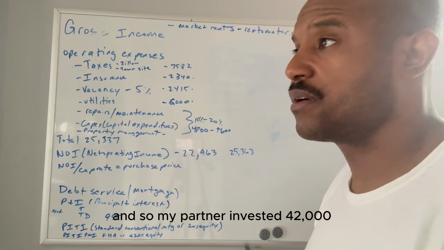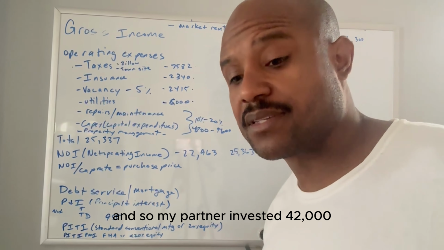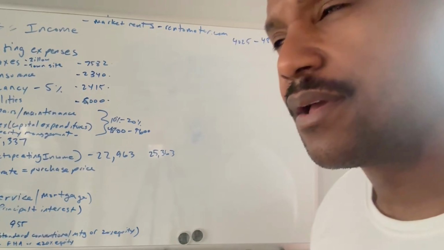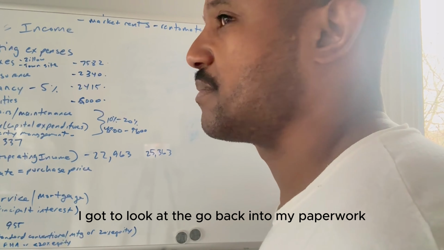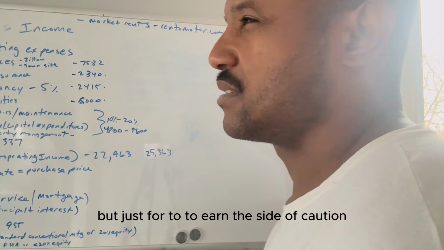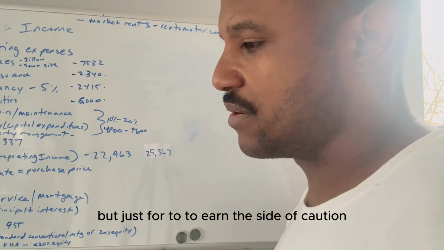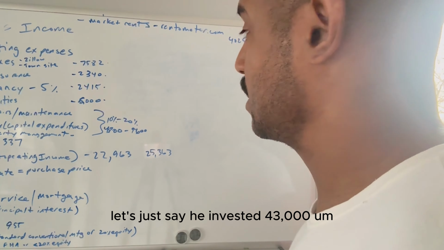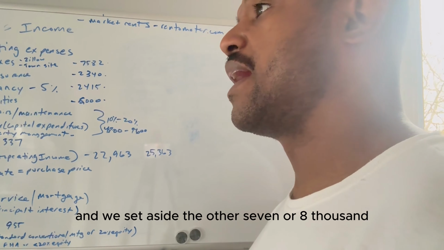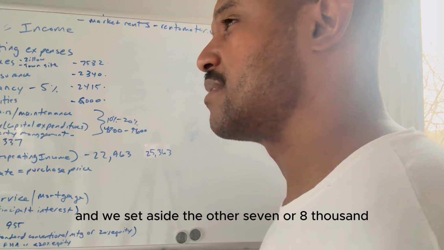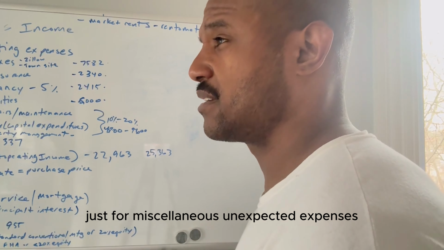And so my partner invested $42,000 or $43,000. I have to go back into my paperwork, but just to err on the side of caution, let's say he invested $43,000. $35,000 was the down payment, and we set aside the other $7,000 or $8,000 for miscellaneous unexpected expenses.